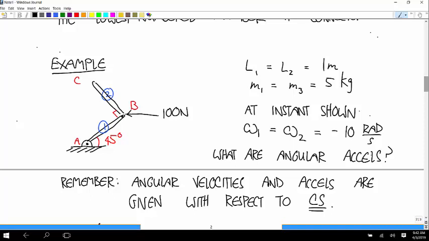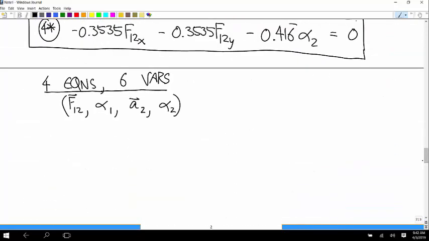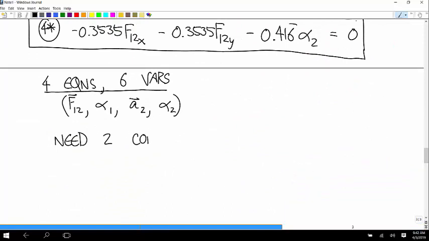And so the difference between our number of variables and our number of equations exactly matches the number of constraint equations. So we need 2 more equations, 2 constraint equations, and we'll get those from joint B.